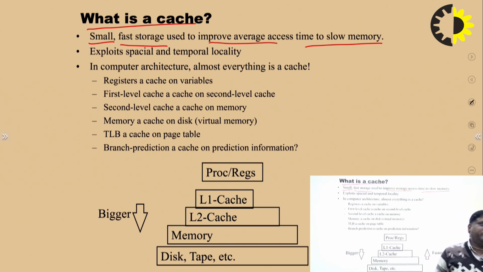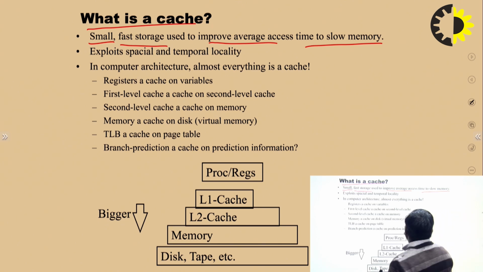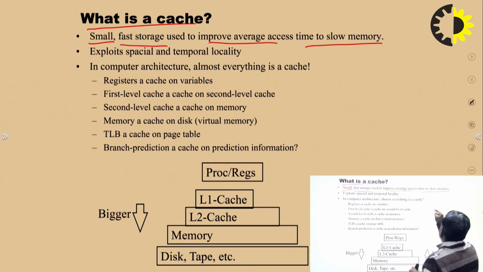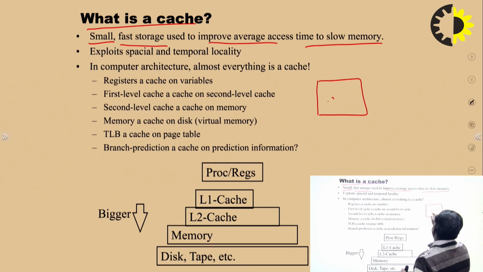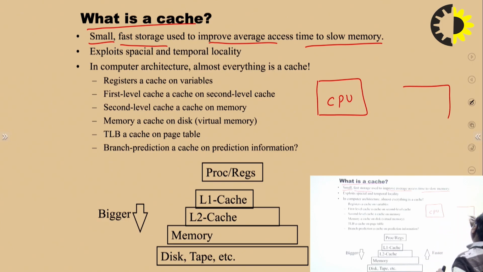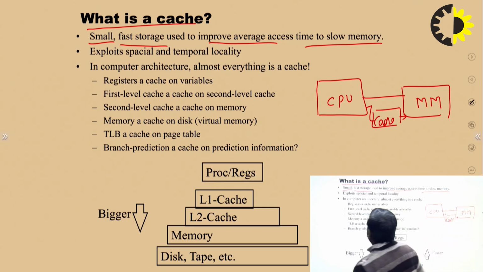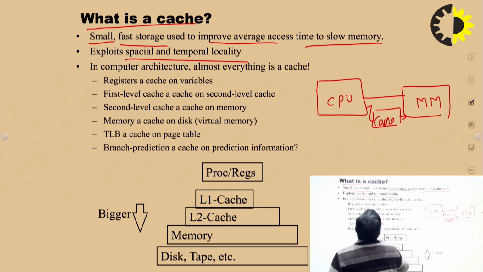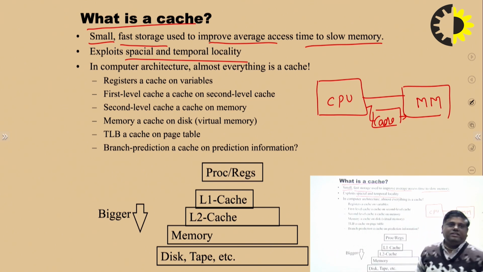Simply, if this is the CPU and this is the main memory, then in between, the cache memory is designed. This is the basic architecture of the cache memory, designed to exploit the spatial and temporal locality of reference. That is another important aspect of the cache memory.